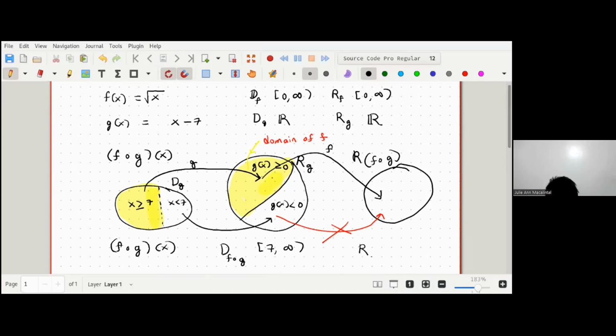Yung range ng f circle of g is going to be, ngayon ito, everything in g of x greater than or equal to 0 will be mapped into everything here.